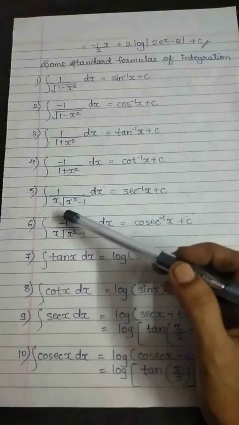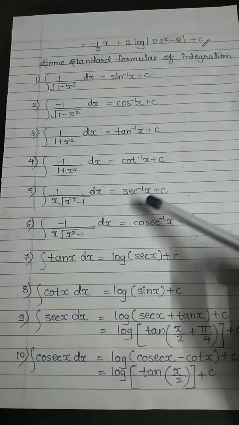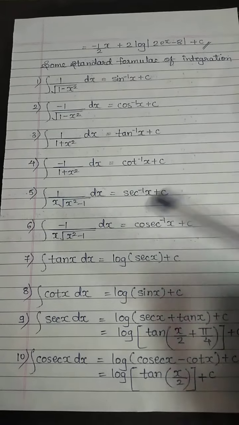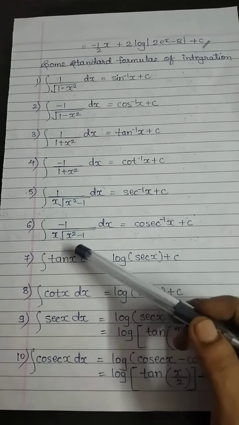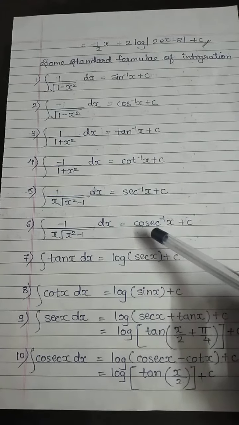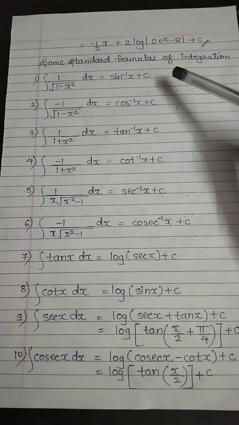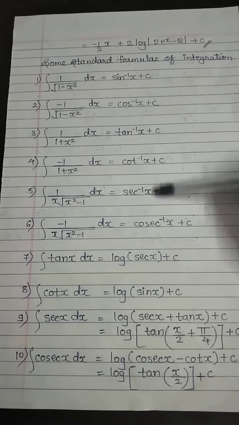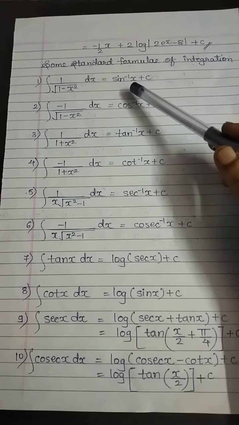Integration of 1 upon x into under root x square minus 1 dx is equal to sec inverse of x plus c. Integration of minus 1 upon x into under root x square minus 1 dx is equal to cosec inverse of x plus c.